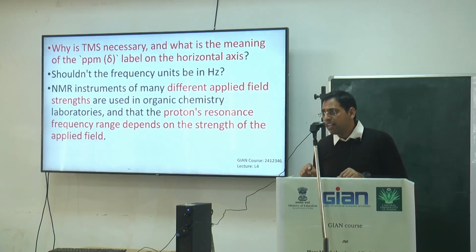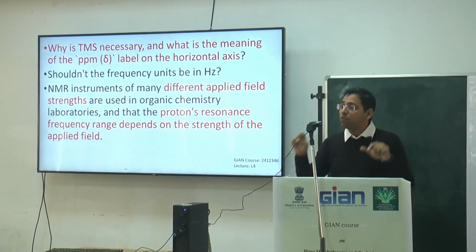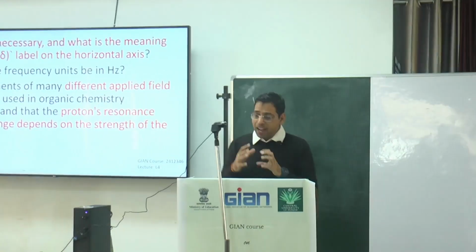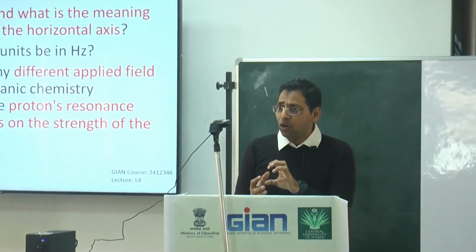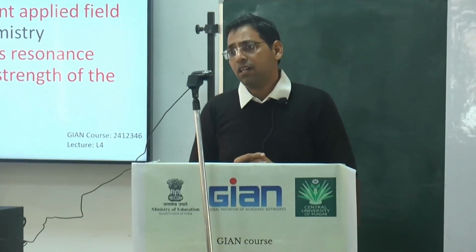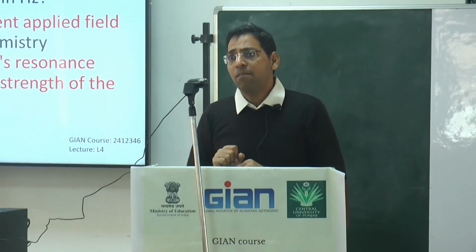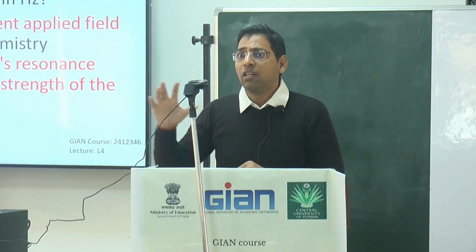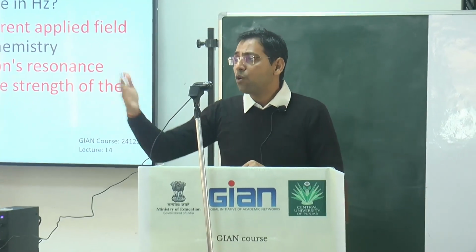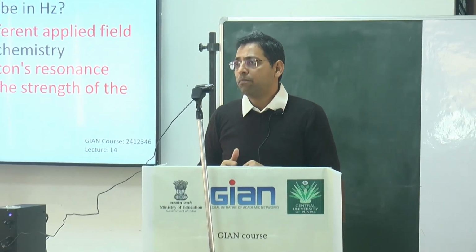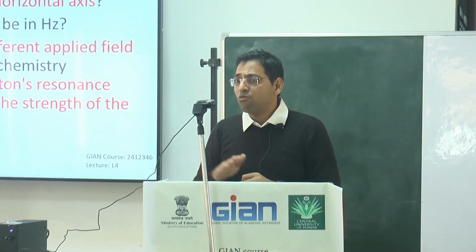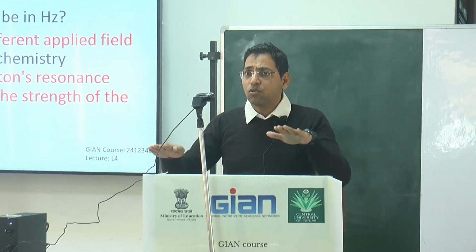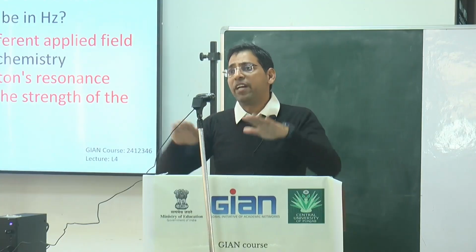Those machines are giving different patterns, because my machine's ability to excite the nuclei is only about 100 hertz. This machine has the ability to excite the nuclei, and it is much more powerful than mine, manifold powerful. So when you collect the data, it is very difficult to equilibrate them.